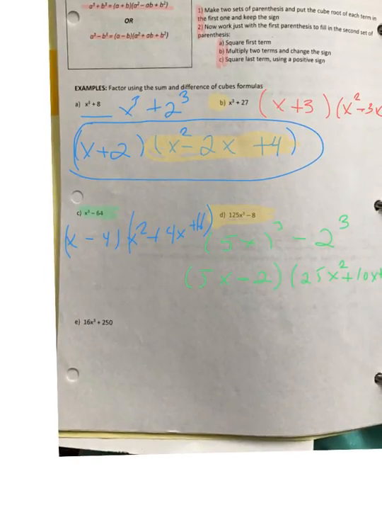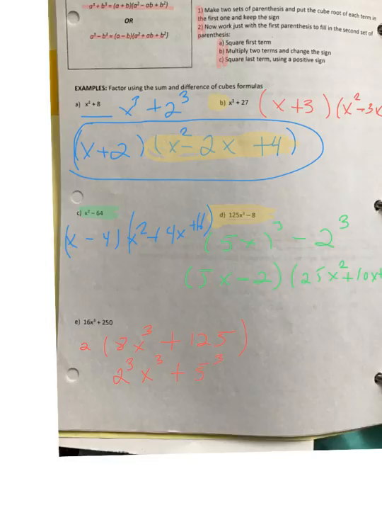Okay, the last one is a little bit tricky because you have to remember you should always be looking for your GCF first. Here, what would your GCF be? You could try them out. In this case, I'm going to take out a 2. If I take out a 2, I'm going to end up with 8 x to the third plus 125. Now I can realize that this is 2 to the third power, and this is 5 to the third power.